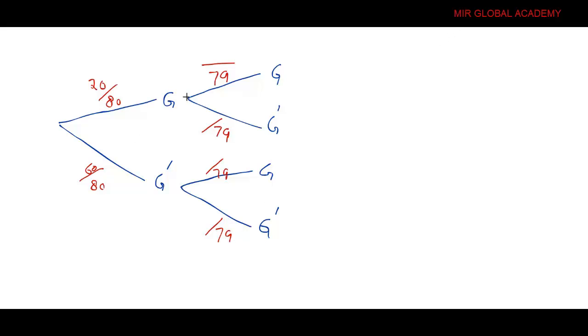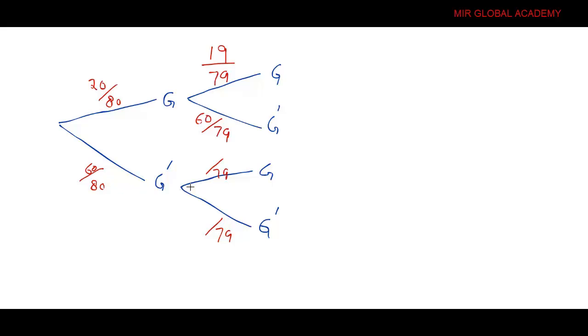Once you pick a parcel from the group, now the remaining total is 79, and the parcels in that group, which were 20 before, are now 19. But here we still have 60 parcels which are not in that group.